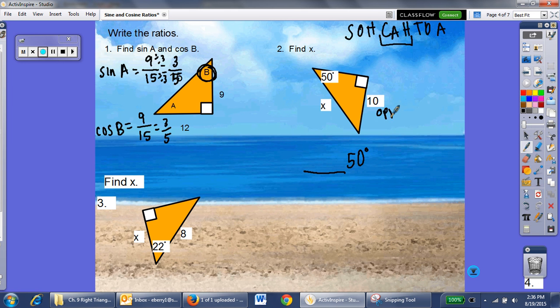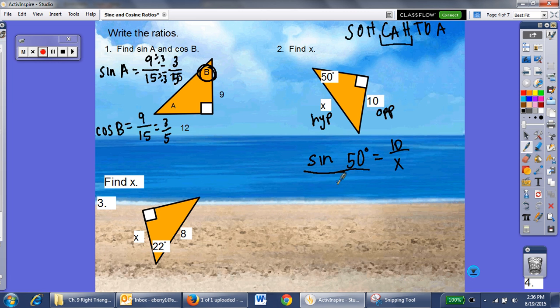So let me label this as opposite. The x is hypotenuse. The hypotenuse is always opposite of the right angle here. So looking for opposite and hypotenuse, it looks like sine would be the only fit for this. So I'm writing the sine of 50 equals, opposite is 10, hypotenuse is x.